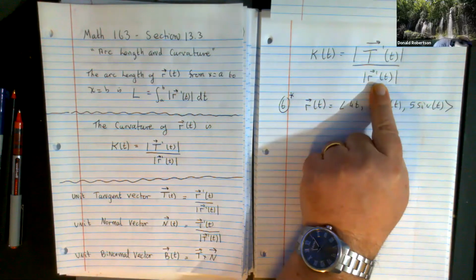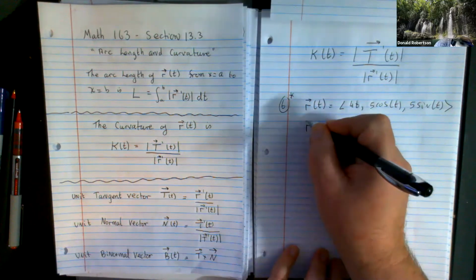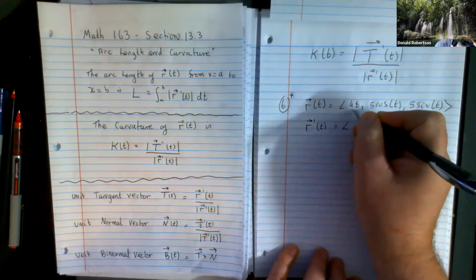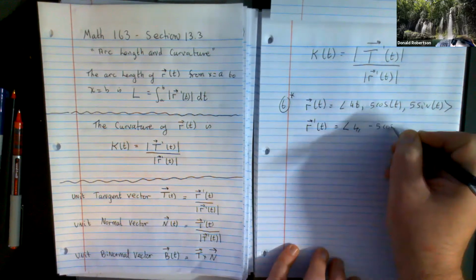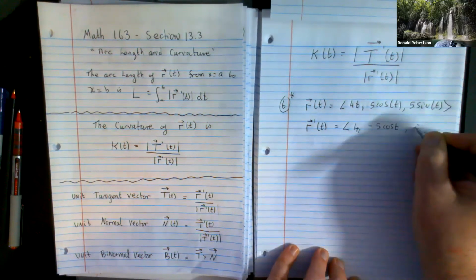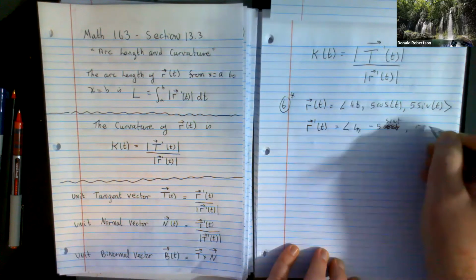So let's do that. The derivative of this is 4. The derivative of this is, sorry, -5 sine t. There we go. And the derivative of this is 5 cosine t.